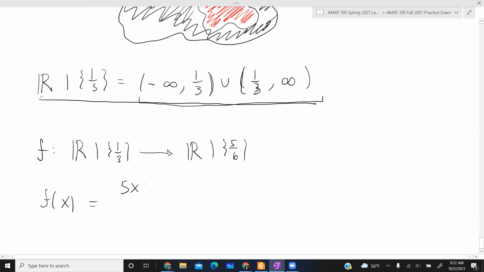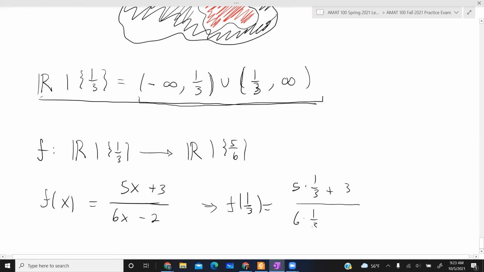F is 5x plus 3 over 6x minus 2. Let's just naively plug in 1/3 and see what we get. So you get 5 times 1/3 plus 3, and then you get 6 times 1/3 minus 2.